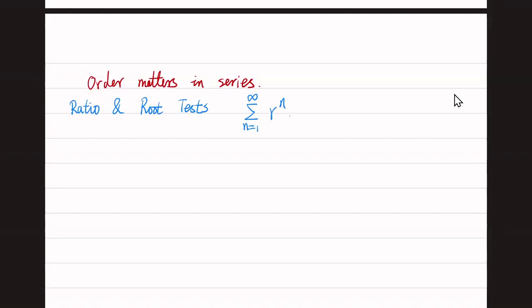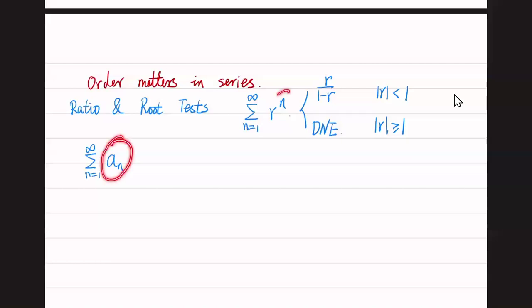For this one, we know it is convergent when r is less than 1, and it is divergent when r is bigger than 1. Now given a general series, we want to compare this with our model.